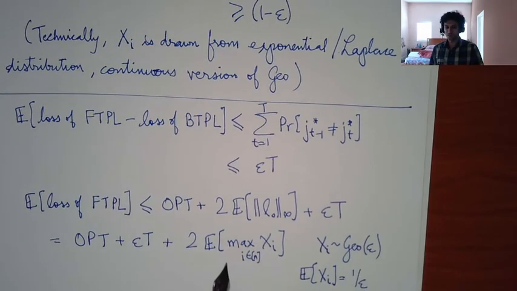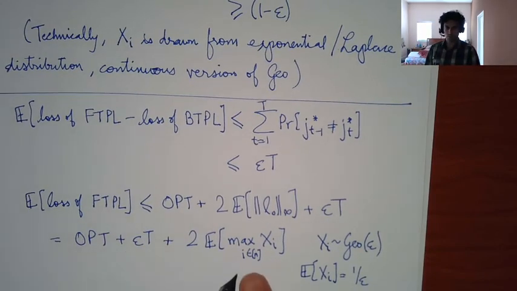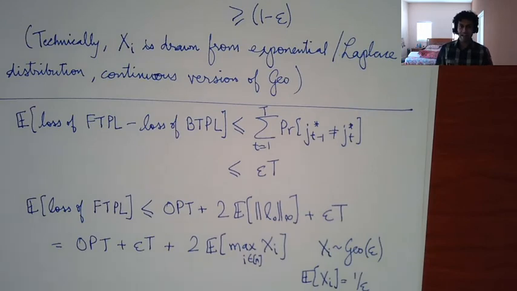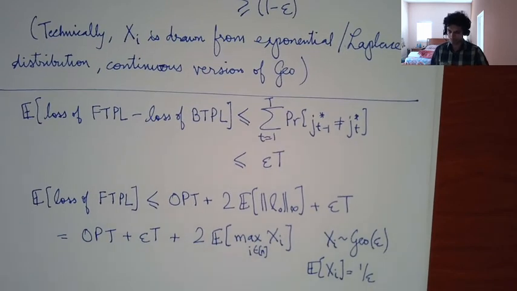So you know that this is going to be at least 1 over epsilon. Good. So you have this trade-off, epsilon versus 1 over epsilon. But you're generating n such random variables. How large can the maximum be?